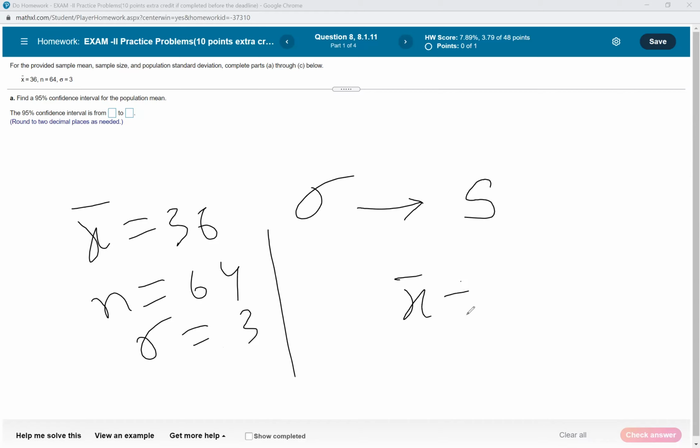x bar plus minus t over t. Sorry. So here, now the question is, do we use z interval or t interval here? So what do you think? Should we use z interval or t interval here? Anyone?